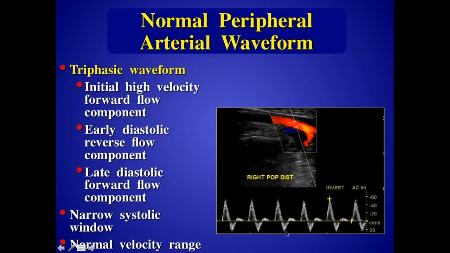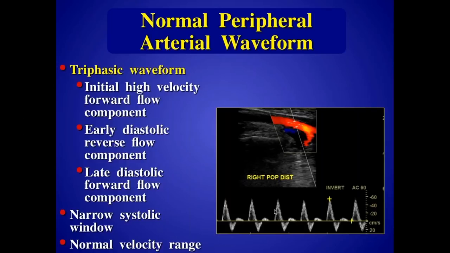This is related to peripheral resistance, because blood flow now has to cross from these larger caliber vessels into smaller vessels, branches, arterioles, and capillary beds. There's resistance to blood flow, and that causes reversal early in diastole. Finally, we have this late diastolic forward flow component, which we see here, and we believe this is related to elastic recoil.